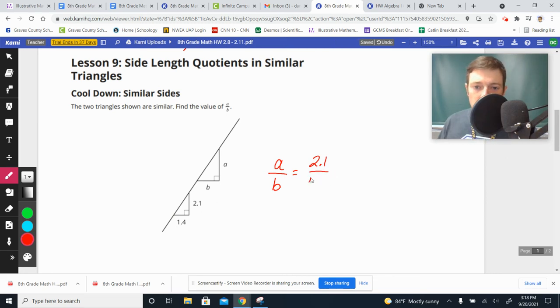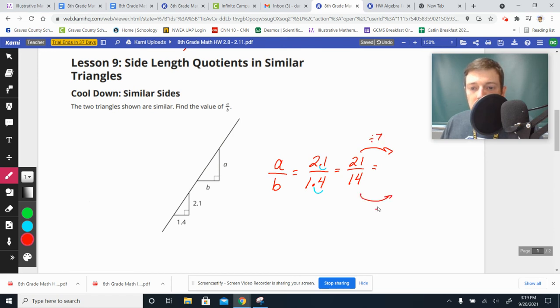I say 21 because in my mind, when I have 1 decimal point like that, I like to go ahead and just multiply both by 10 and think of it as 21 is to 14, which is a much easier way to simplify than trying to simplify 2.1. So I'm going to divide both of these by their common factor, which in this case is 7.